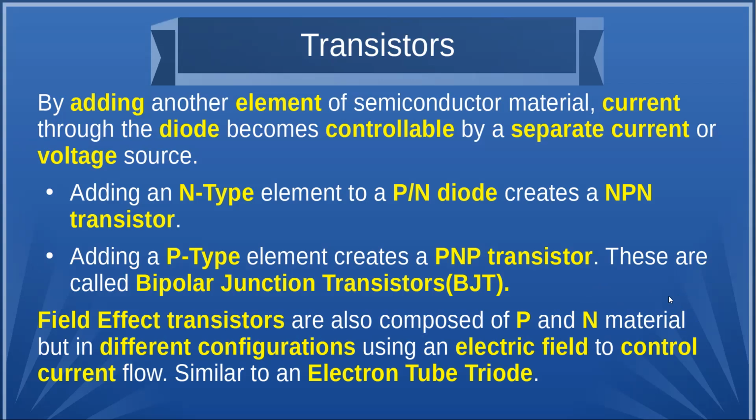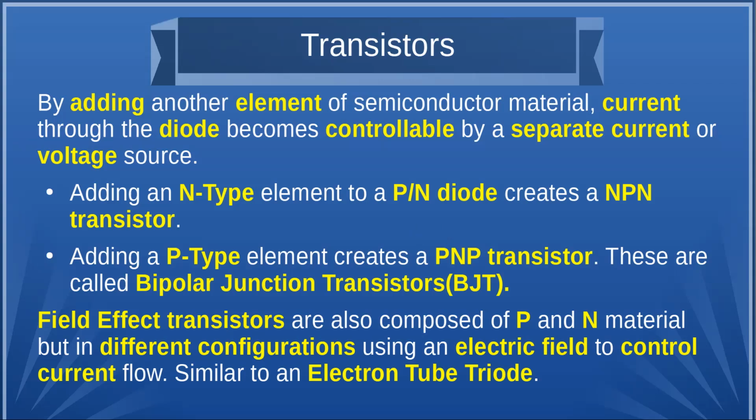So the other one besides bipolar or field effect, the basic difference is the bipolar junction transistor, they just call them bipolars, is a current control device. In other words, you apply current to the base to control current between the collector and emitter. Whereas a field effect transistor works just like the old vacuum tube.